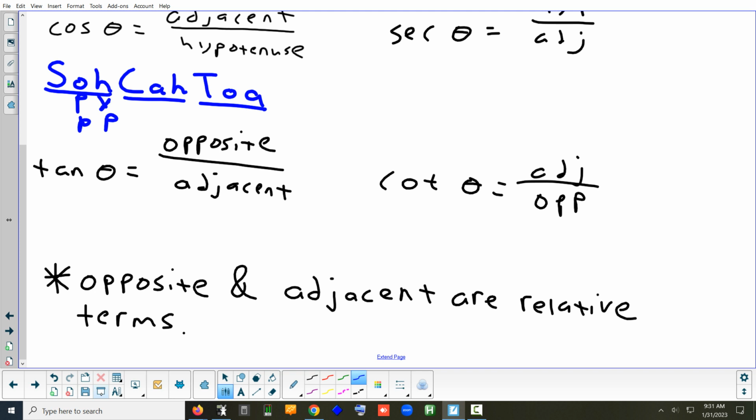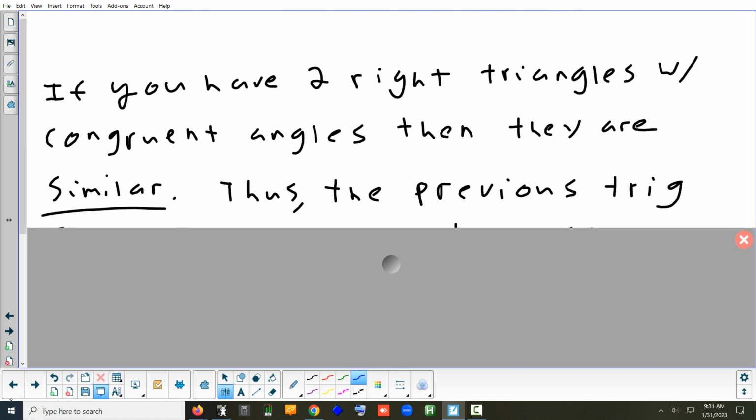That's because left and right is relative to which way I'm facing. Your left and right are the opposite of what I just said. So when we talk about opposite and adjacent, we have to understand that it's opposite and adjacent from a certain spot. And that's what I'm going to show you right now.